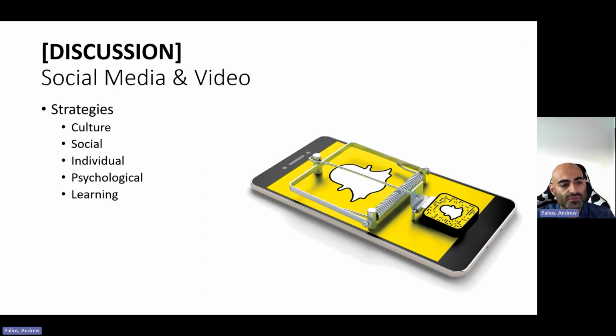So different strategies for social media video. There's different aspects of this. You can see that there's a lot of videos that go viral based on whatever's happening in society. So there might be certain opinion leaders within society that might have a bigger reach for their message just based on who they are as a celebrity.